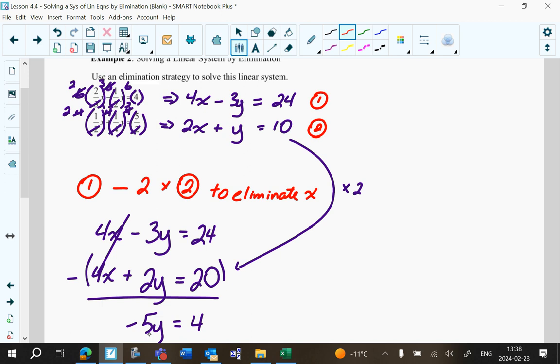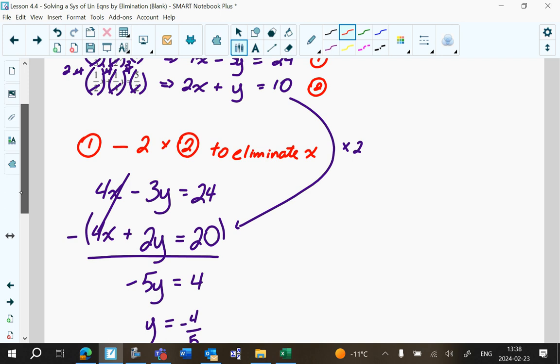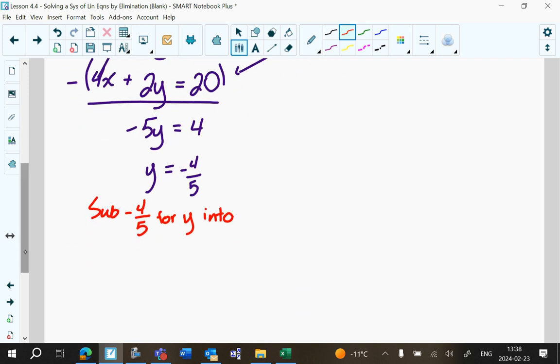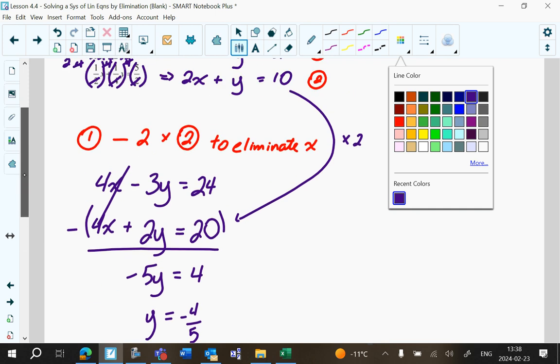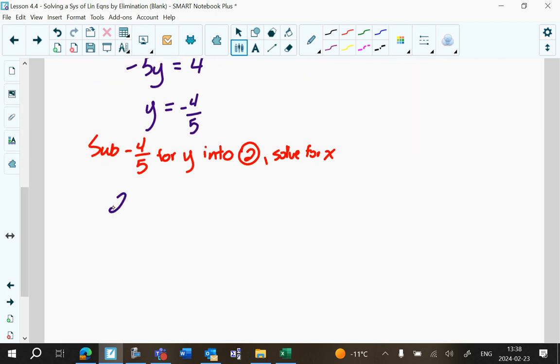So I'm going to do it into 2, solve for x. That's going to give me 2x plus negative 4/5 equals 10, which is the same as 2x minus 4/5 equals 10.